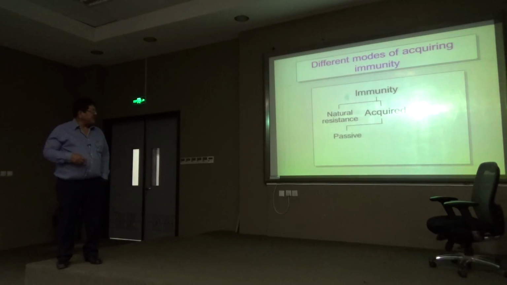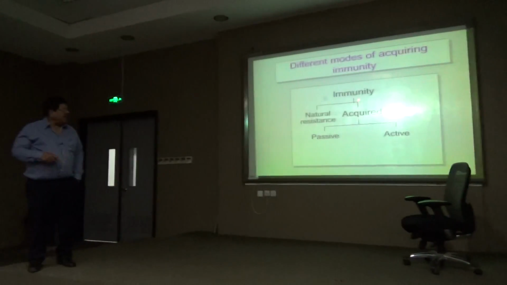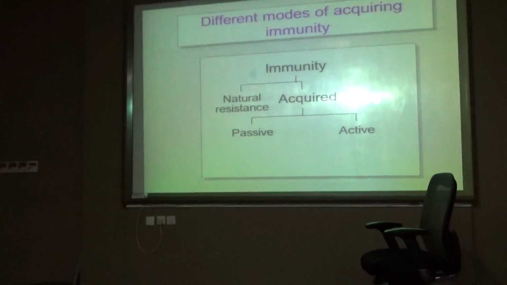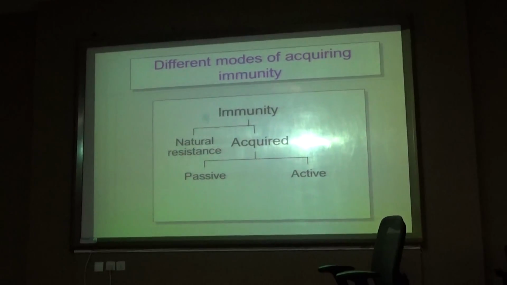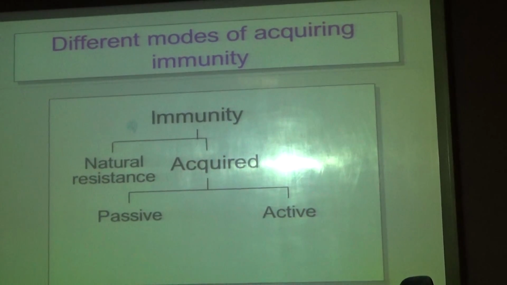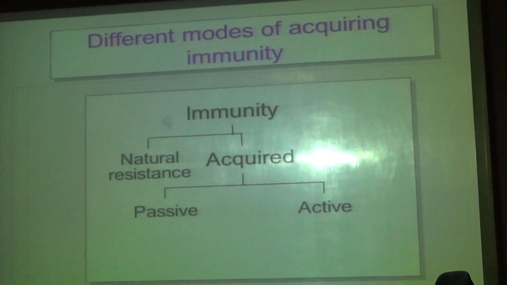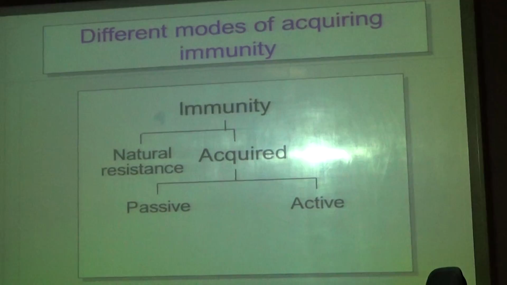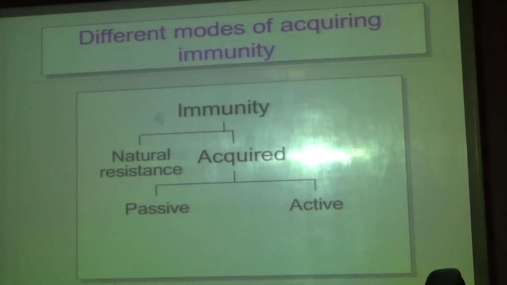Now, if you look at this, the immunity can be natural. What do you mean by natural? Come on, everyone is sleeping. If I get a natural infection, I'm protected, because I had the vaccine, correct? What's acquired?